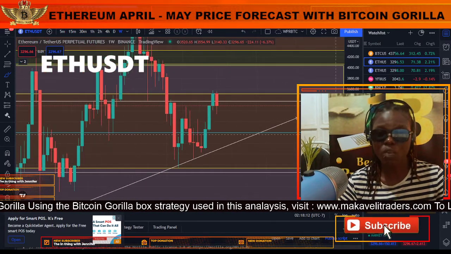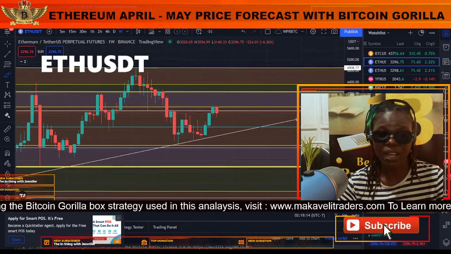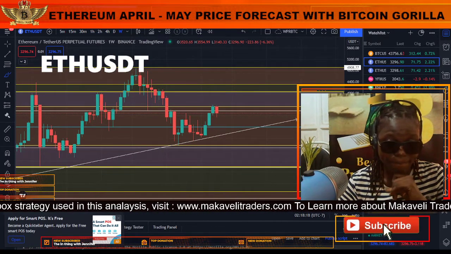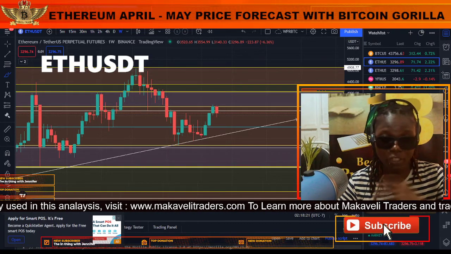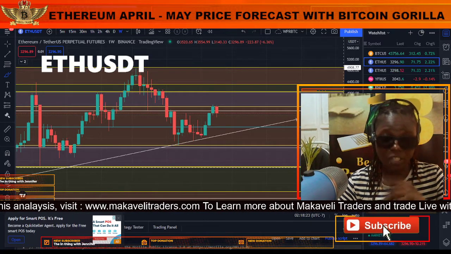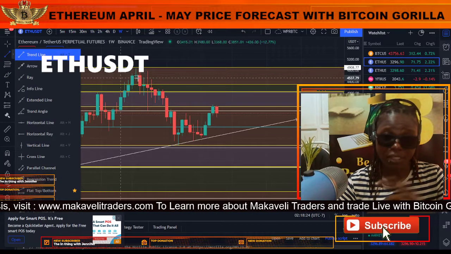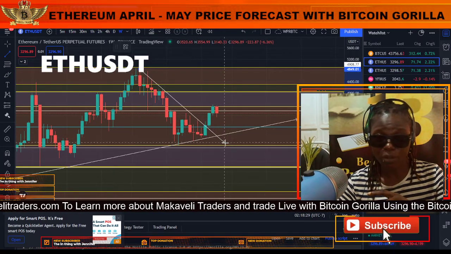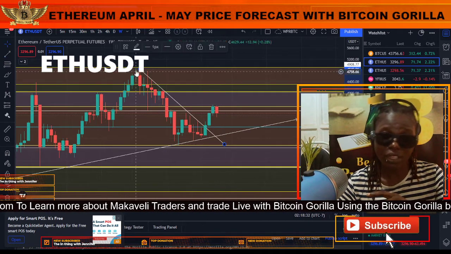So the question is, can we try to locate the seller line? This seller line will be very easy to locate more on the daily chart. So I'll draw the seller line when we're dealing with the daily chart because it will be very easy, but I can still bring it now for you to see, but you'll make more sense of it by the time we're talking about the daily chart. So this is the seller line that I'm seeing.